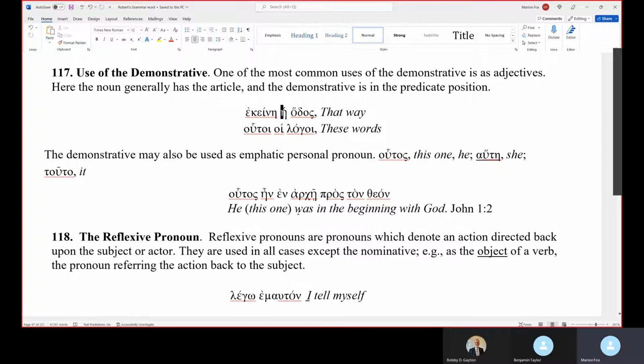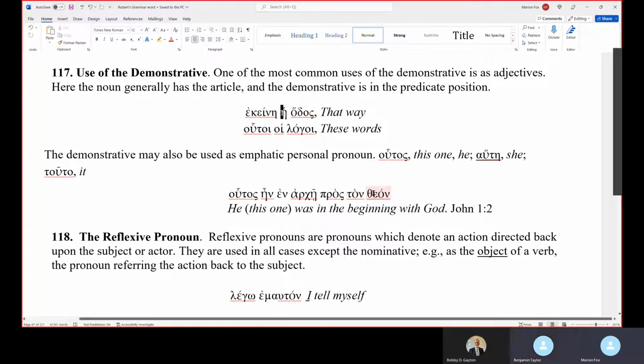Pros, ton, theon. What? With God. And that's the word God, isn't it? Now, the article being with the word God, in my experience, I've never found it, and I think I found some grammar books that claim this, that the article with theos, a variation of theos, theon in this case, is always the true God, the only God, right?